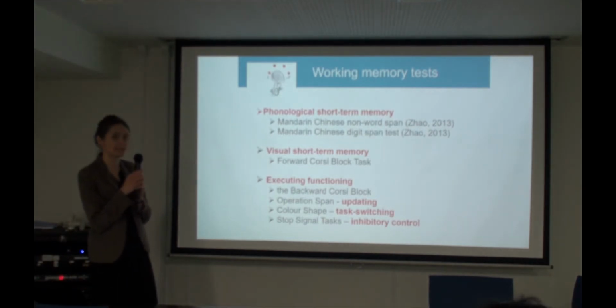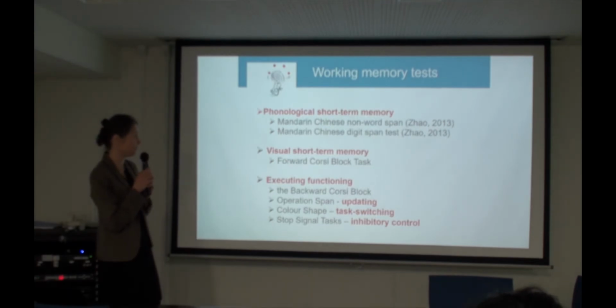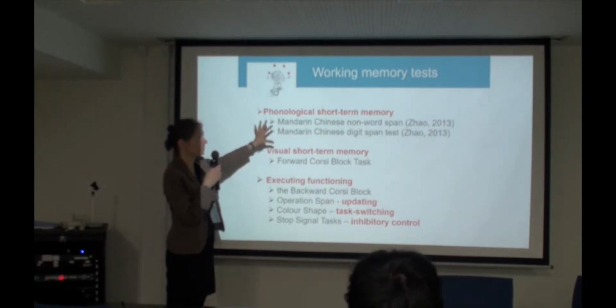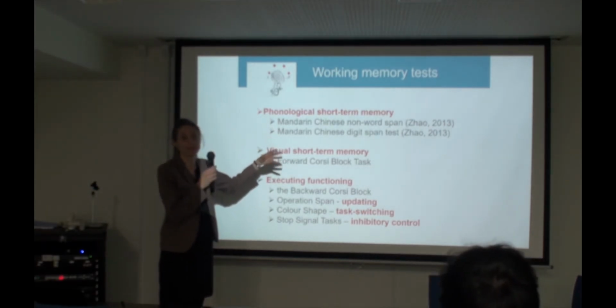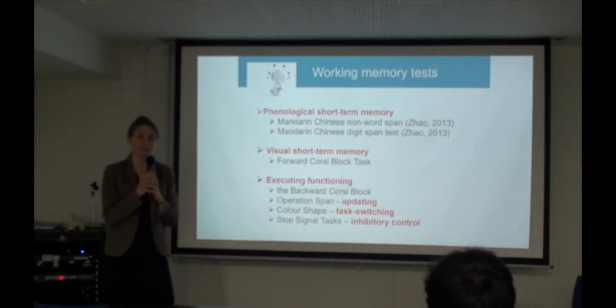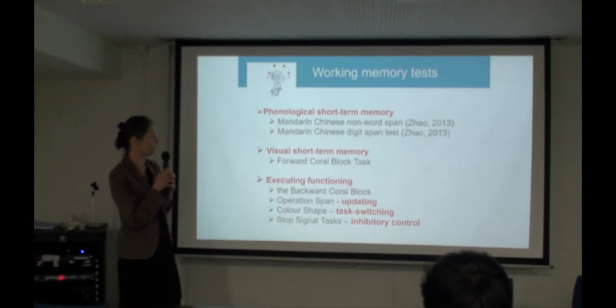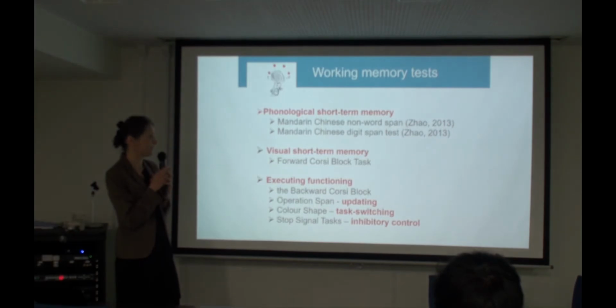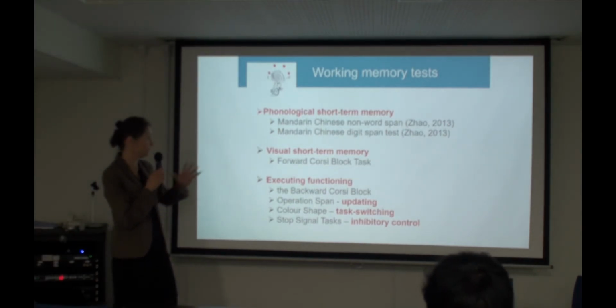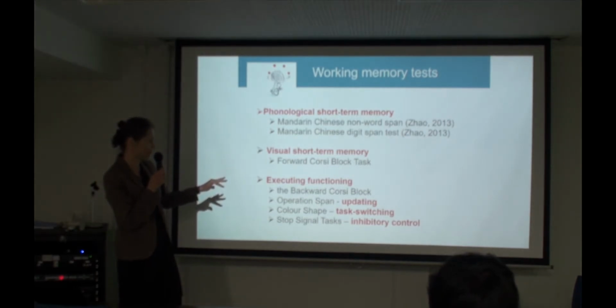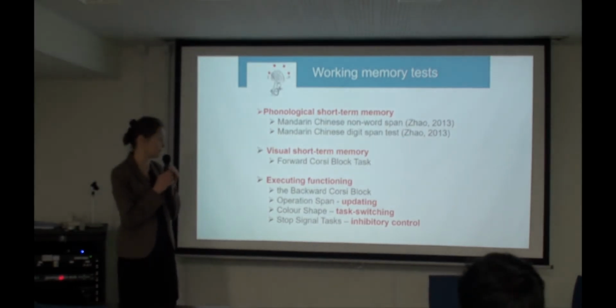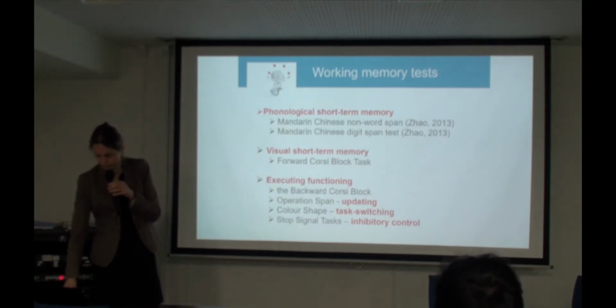The measures are very similar, or almost the same, as those we used in the previous study with Mingjin, although the measures of phonological short-term memory were different, since we had Chinese learners, so we wanted to use their first language in the test. So we had a non-word span test and a digit span test in Chinese, and the rest of the measures were the same. So we had a measure of verbal short-term memory and several measures of executive functioning.